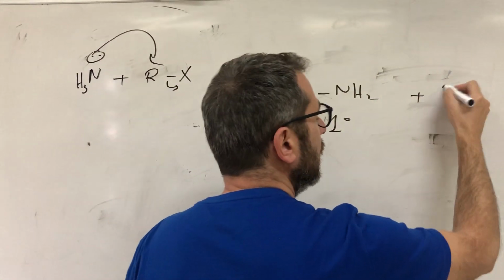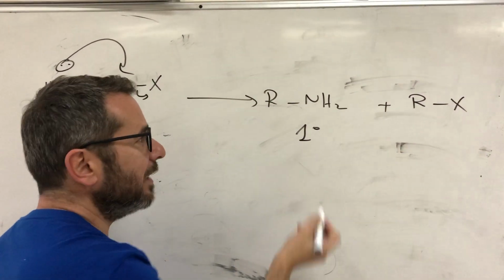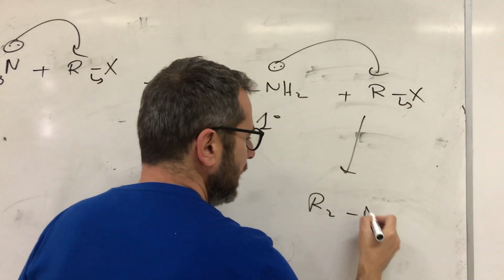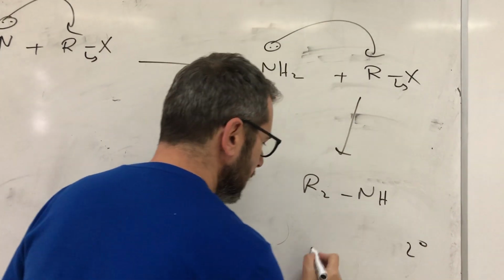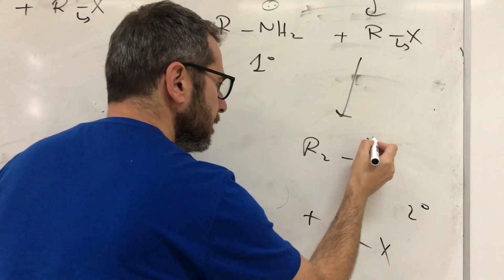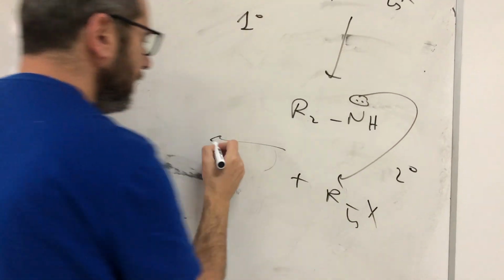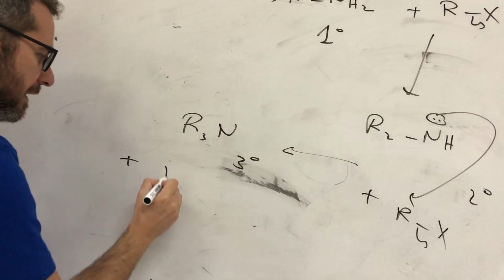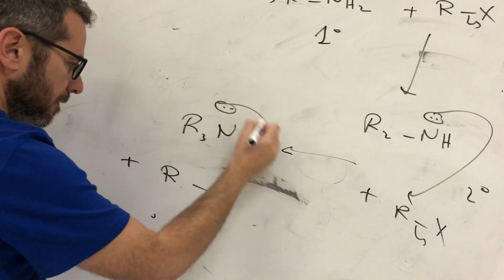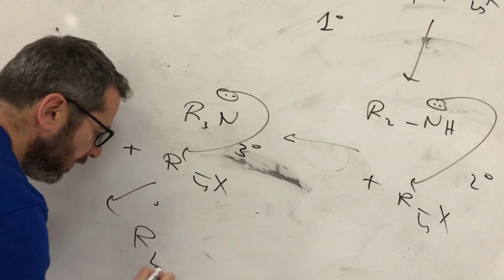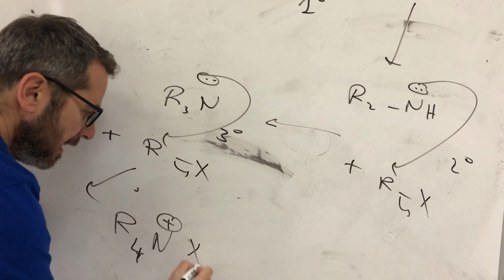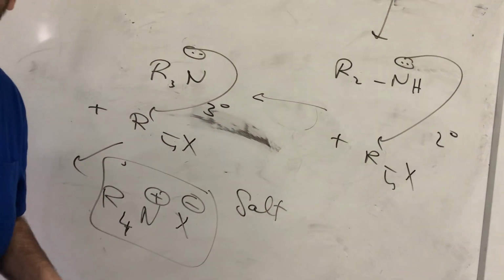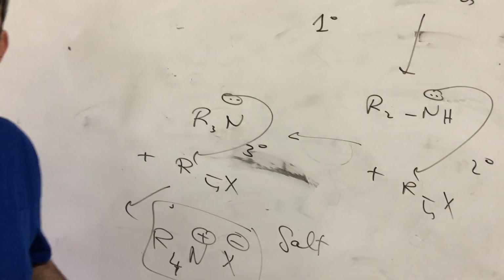If I continue with another alkyl halide, it can be R', not necessarily R, you get R2NH secondary. Another RX, R3N tertiary. Another RX, you will obtain R4N+ X-, which is the salt, and salts of amines are called quaternary ammonium salts.